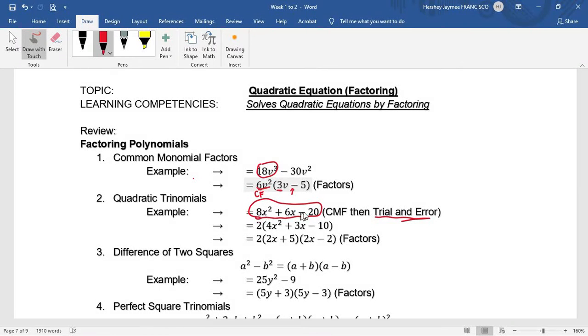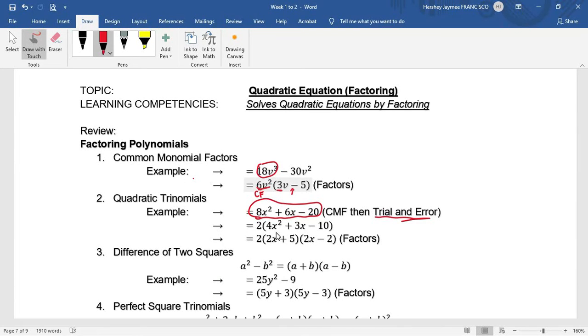Kagaya nitong example na to, ang unang dapat gawin dito is to get their common monomial factor, which is 2. Kasi kung sa ganitong state nila, mahihirapan kang isolve siya using trial and error alone. Okay?